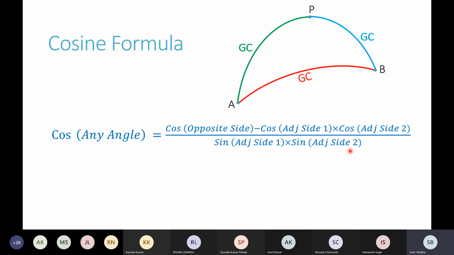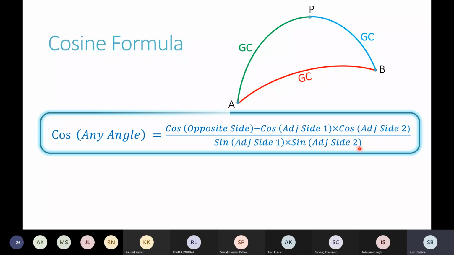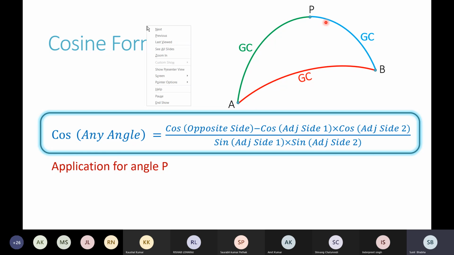So it tells us that if we have all the three sides of this triangle available to us, we can calculate any of the angles of this spherical triangle. Now let's try to understand the application of the formula for a particular angle. Let's consider angle P only. So we will try to apply this formula considering angle P.